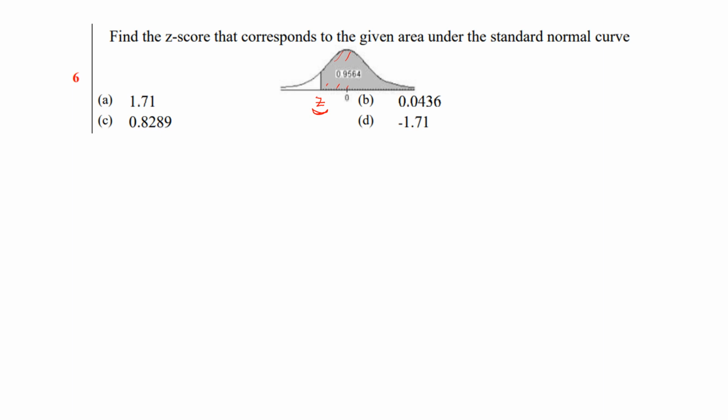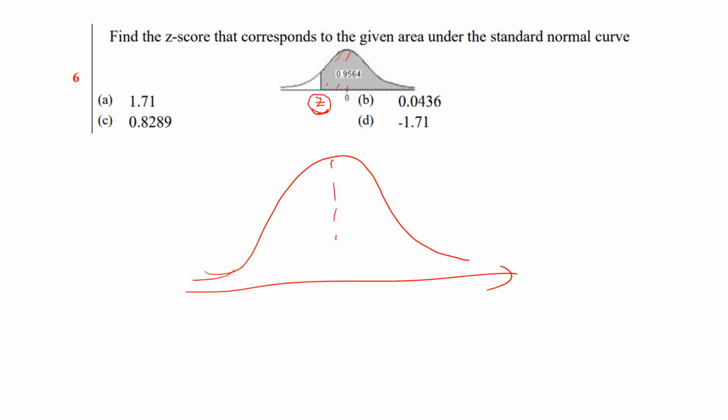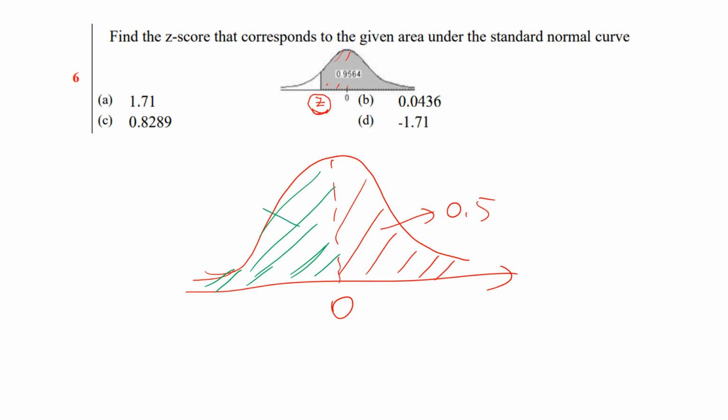We should use a table, but I think from these choices there is no need, because look at here. If z is 0, then this part will be 0.5. This half will be 0.5, and the green part, the left part, will also be 0.5.